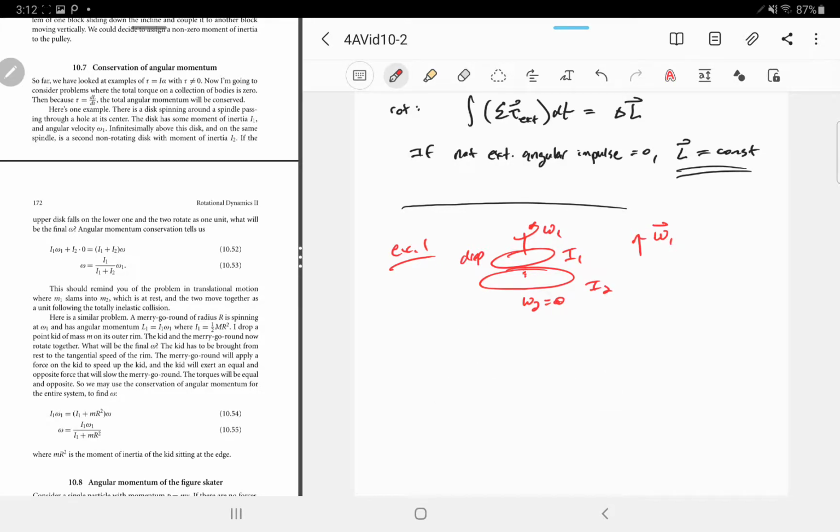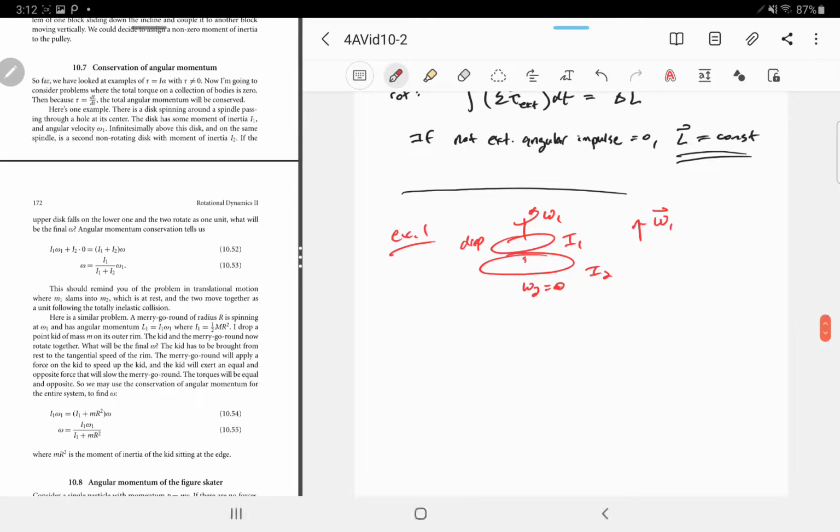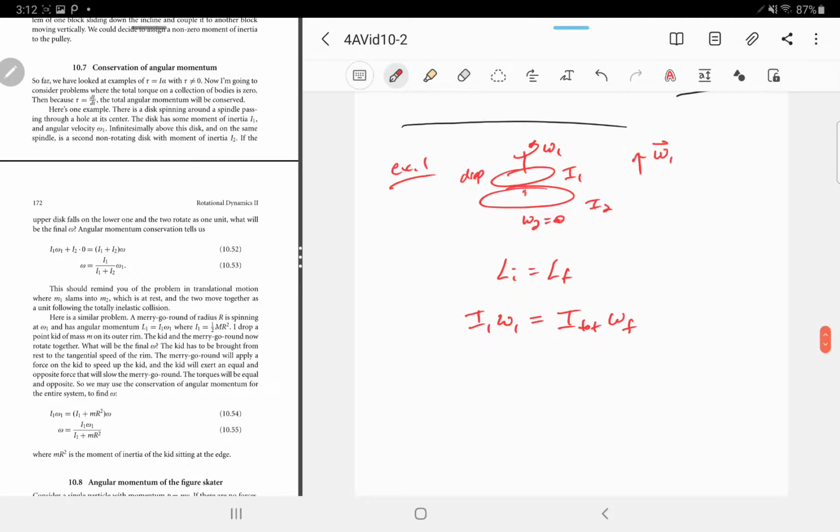So just like we used conservation of momentum for a perfectly inelastic collision for linear momentum, we're going to use the same thing for conservation of angular momentum. So L initial equals L final. L initial was just I1 omega 1. And L final is going to be the total moment of inertia of everything times the final angular speed, which is somewhere between 0 and omega 1.